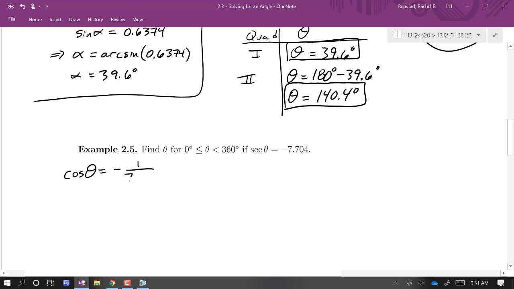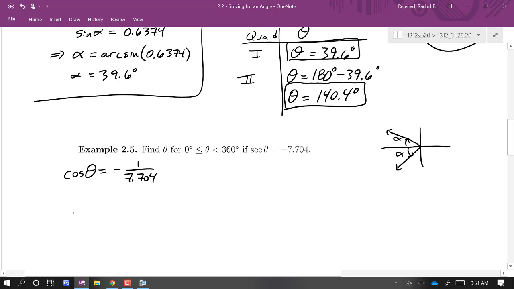Cosine's negative. So what quadrants am I looking at here? Where's cosine negative? 2 and 3. So when I find alpha, I'm going to do 180 minus alpha and then 180 plus alpha.